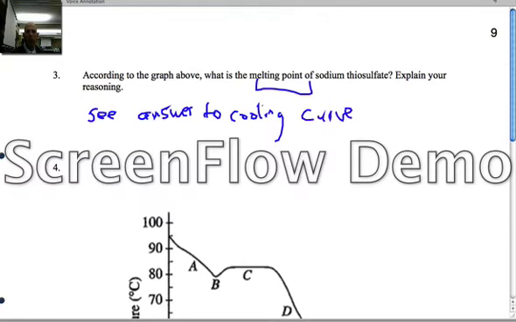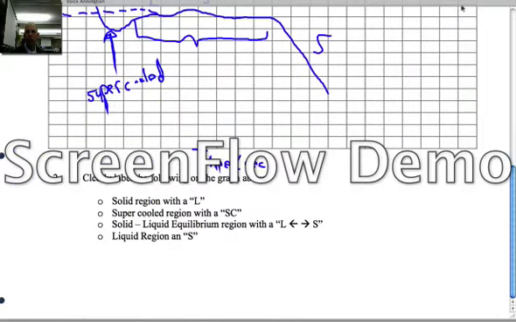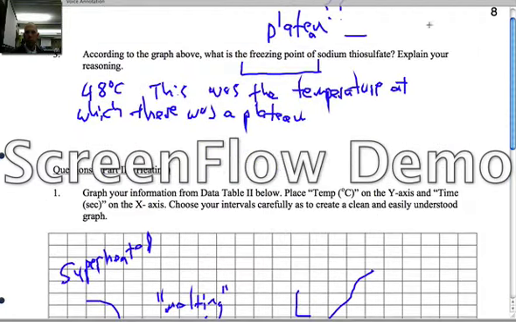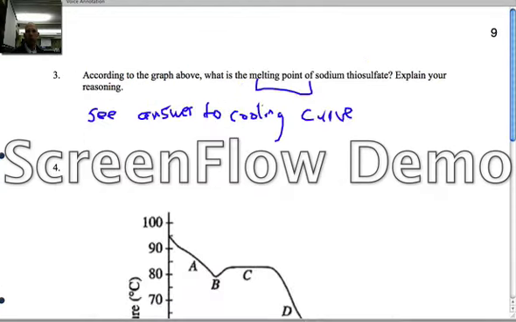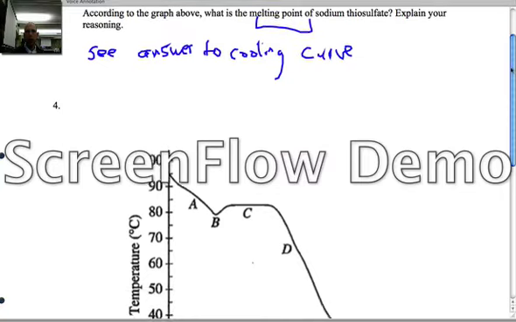So it should be the same answer. Let's go back and take a look at the cooling curve answer. So I believe, no, it's on the next page. Okay, 48 degrees Celsius. This was the temperature at which there's a plateau. Same answer for the heating curve as for the cooling curve.